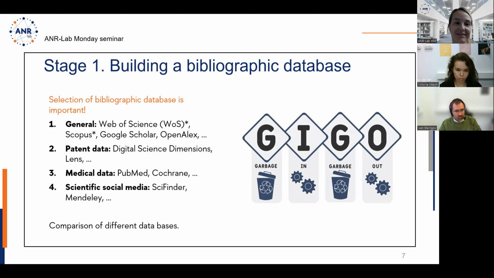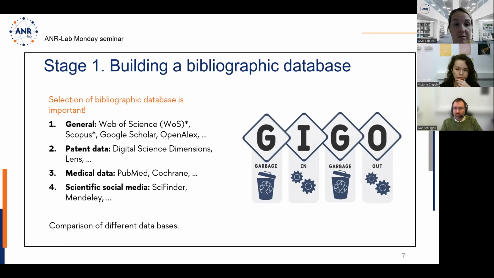There are also other bibliographic databases such as Digital Science Dimensions or Lens, which was initially made as a database for patent data, but I think now they also include articles. Also, some bibliographic databases are more oriented towards medical research, such as PubMed or Cochrane, and there are some scientific social media like Mendeley and some others.